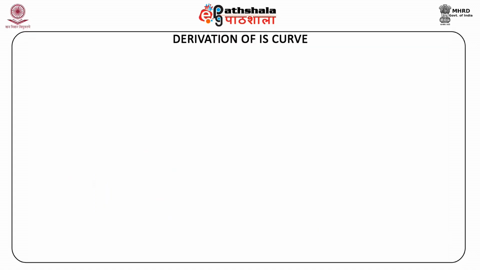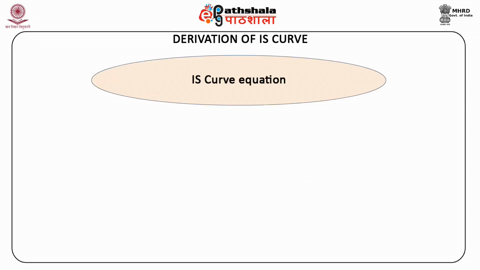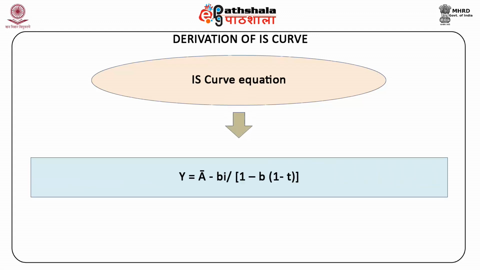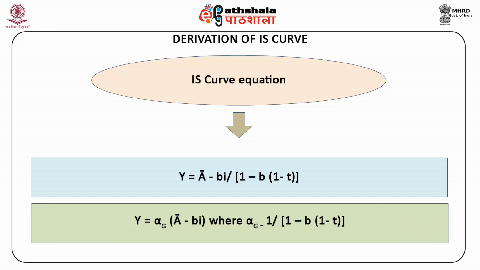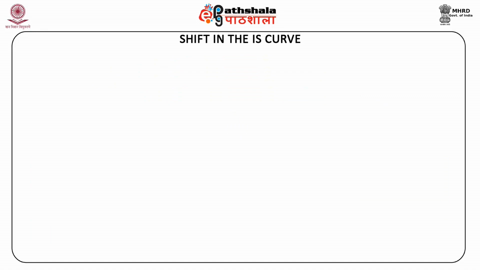This condition of goods market equilibrium can also be represented in the form of the IS curve equation: Y is equal to (A bar minus bI) divided by 1 minus b into (1 minus t), or Y is equal to alpha G into (A bar minus bI), where alpha G is equal to 1 by 1 minus b into (1 minus t).